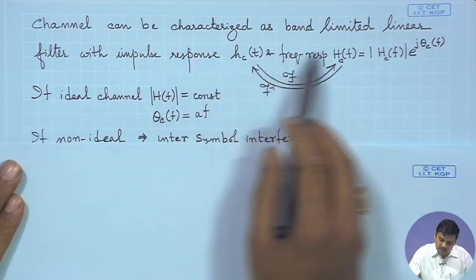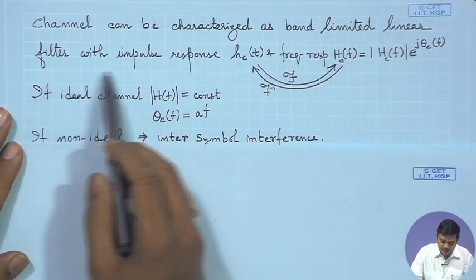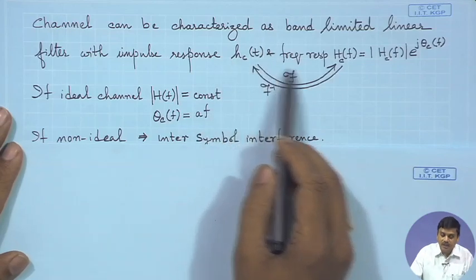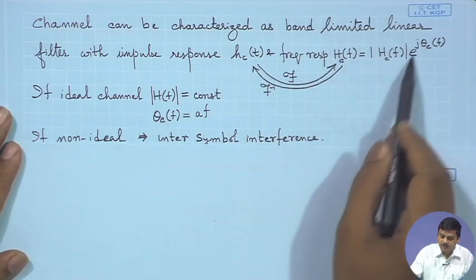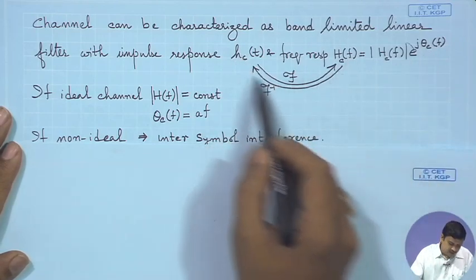With this, we are now geared to move into the channels which are non-ideal. So, let us proceed to the discussion of channels which are non-ideal. In the case of non-ideal channels, the channel can be characterized as a band limited linear filter, which we have already said, with an impulse response h_c(t) and frequency response H(f), which has a gain and a phase term, and these are related by Fourier transform relationships.